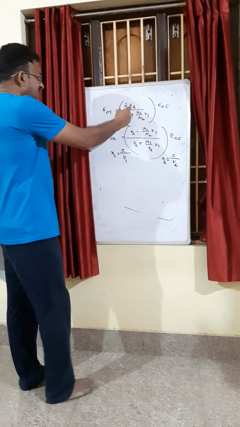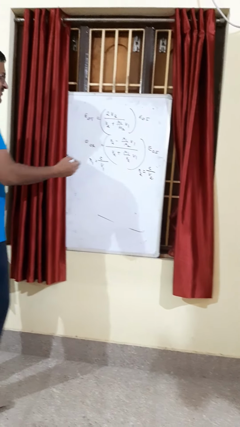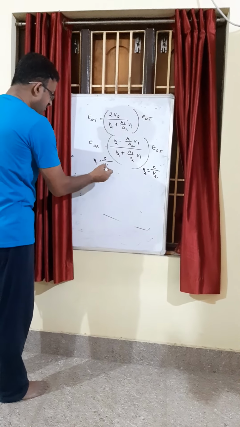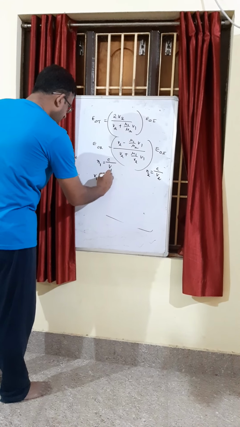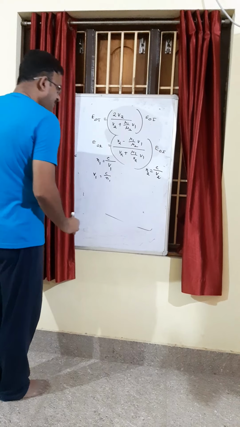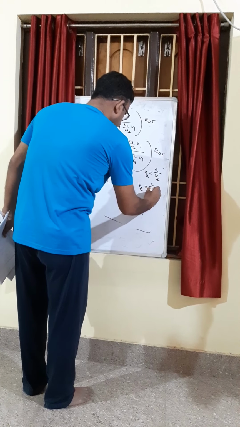Now, I want to express these equations in terms of the refractive index. So you just have to replace v1 and v2. The velocity of light v1 will be equal to c by n1, and v2 will be equal to c by n2.